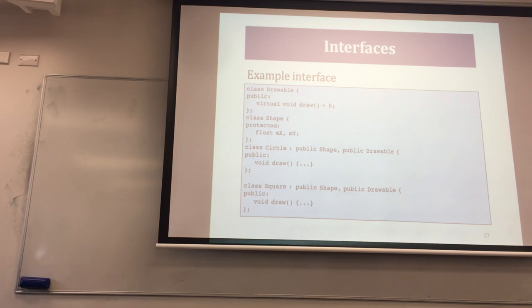But in C++, there is really no difference between an interface and an abstract class in terms of how you declare them and how you inherit them as well. So when we get to Java, you don't extend an interface, you implement an interface, and you don't implement an abstract class, you extend it.